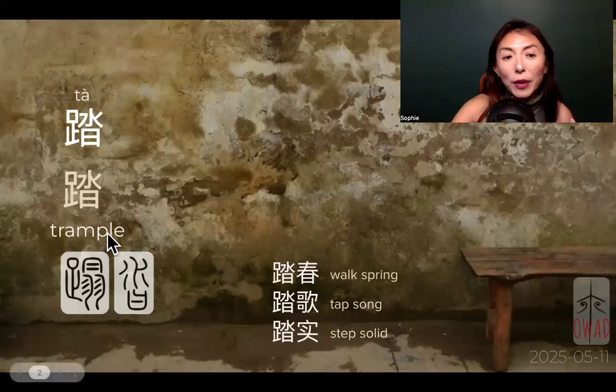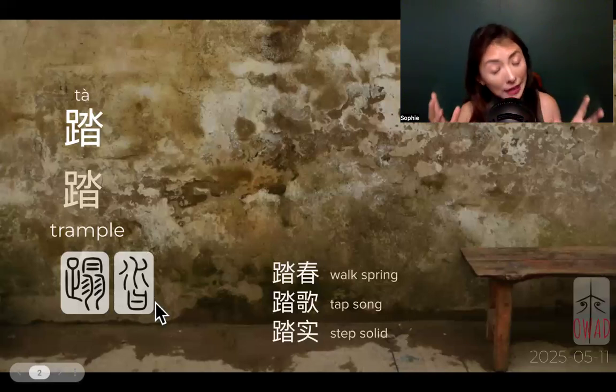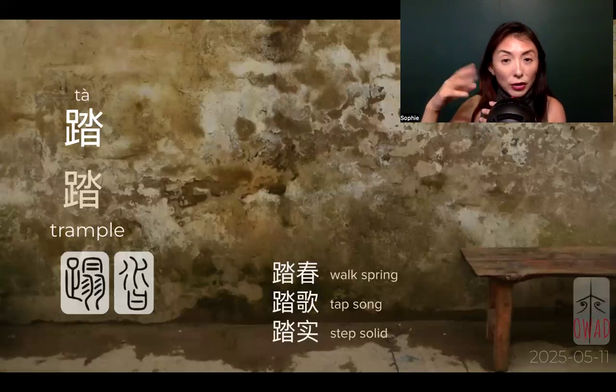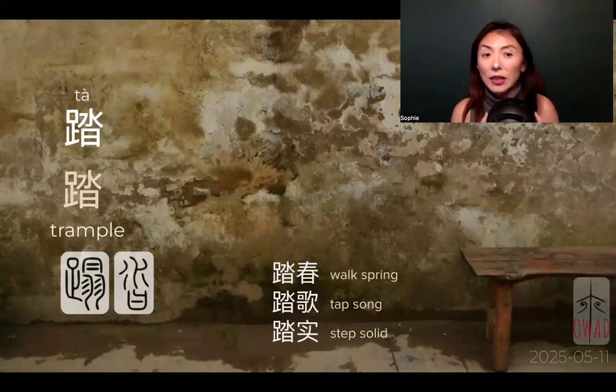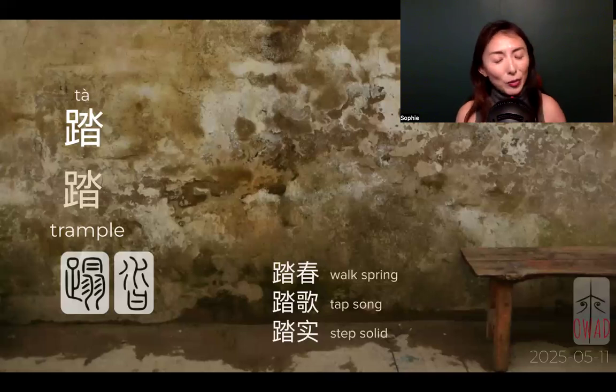So if we have this upward and downward motion, the tug of war, on the ta, this character is not only the sound maker, but gives you this repetitiveness, this non-stopness, almost like a high-cadence, repeated stepping-down motion. So that's trample. I guess Chinese describe motions in quite a detailed way.